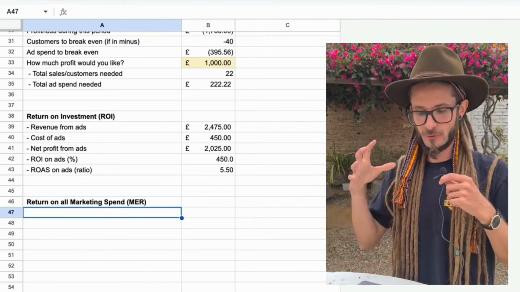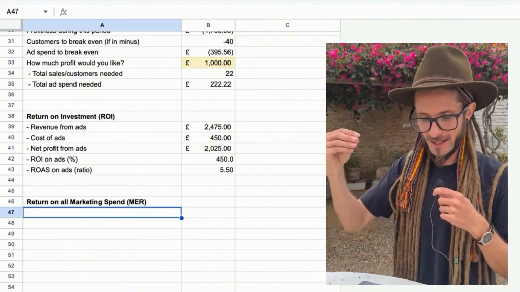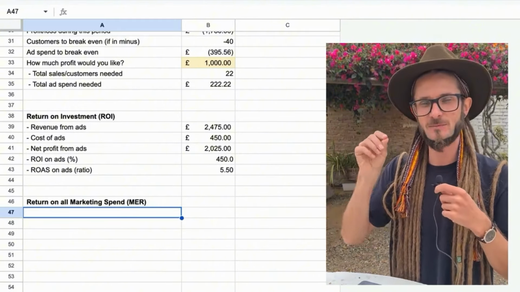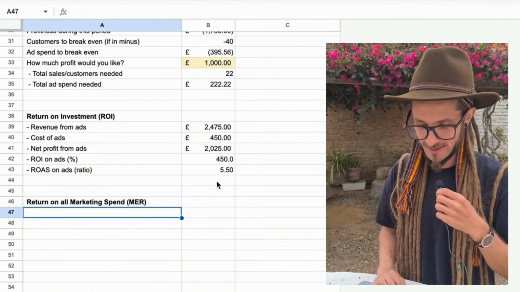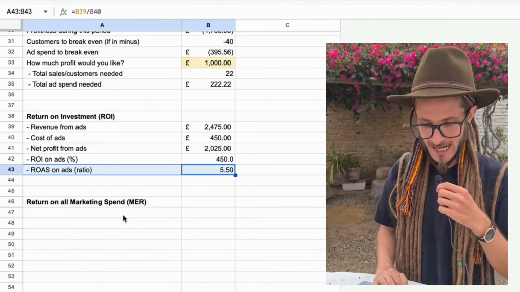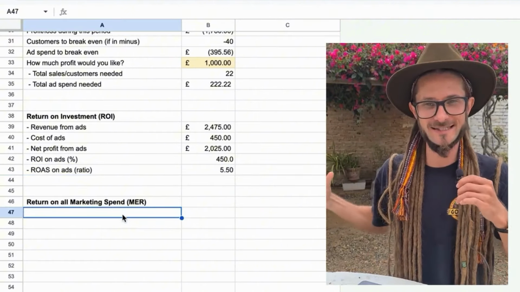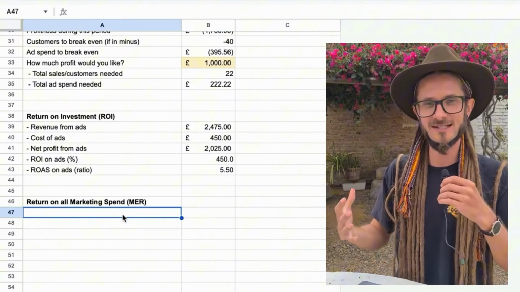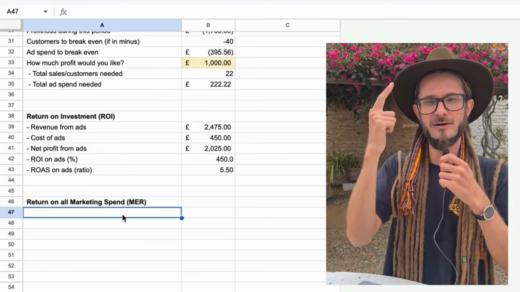Okay, so this pulls out a ratio of what the current marketing efforts are doing, and then we compare that to the ROAS, which is specifically to do with the paid advertising. Okay, so this has a direct correlation to the ads that we're running, and now we're going to be looking at the MER, which is the marketing efficiency ratio across all marketing spend.